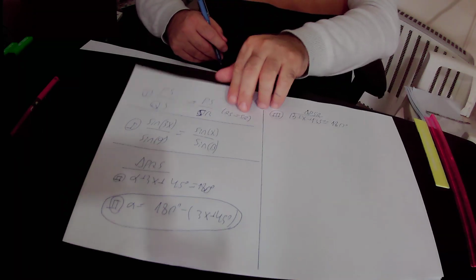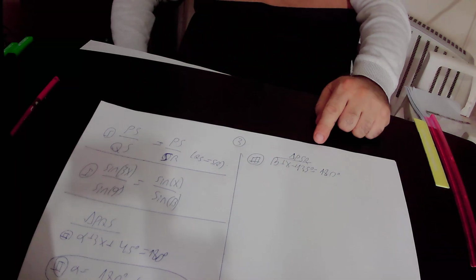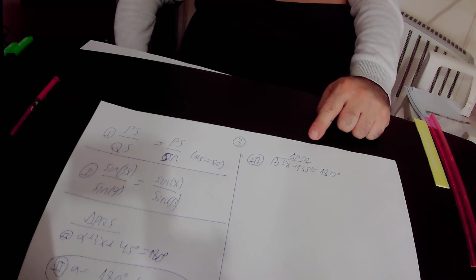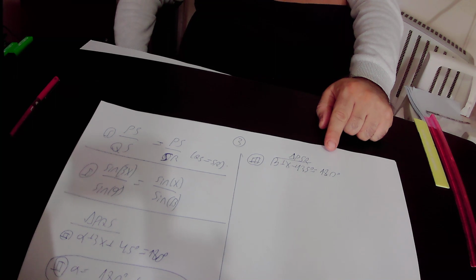Again, in triangle PSR, we know that the sum of the angles is equal to 180 degrees. That is to say, beta plus x plus 135 degrees equals 180 degrees.